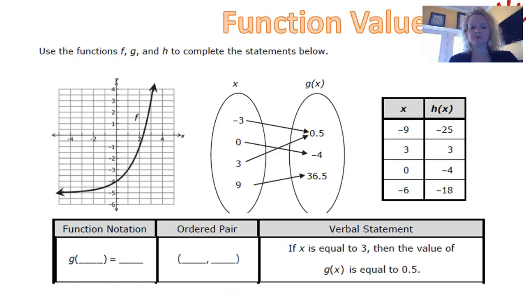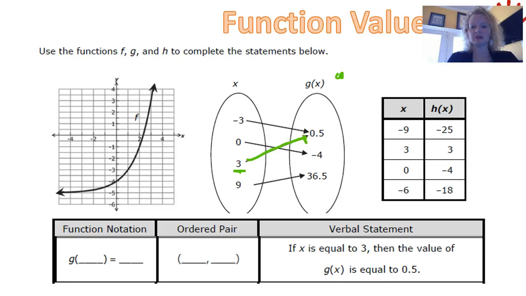Let's try one more. On this one, we're talking about the g function. So we're at the mapping diagram on this one. And the verbal, it's given to us this time as a verbal statement. If x is equal to 3, so we're going down and finding the 3. The value of g of x, being the y value, is 0.5.